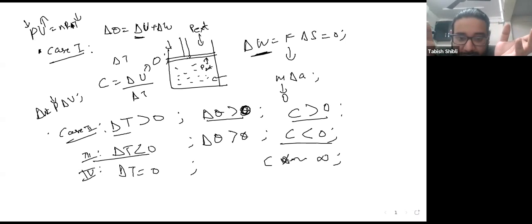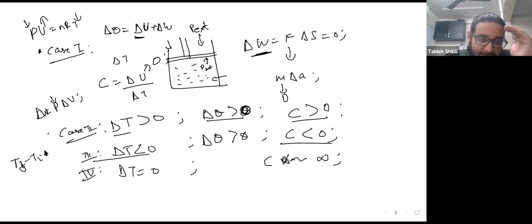So essentially, it's cooling, and if it cools so much that the temperature becomes lower than the initial temperature, my delta T, which is T final minus T initial, is negative, since T final is smaller than T initial.